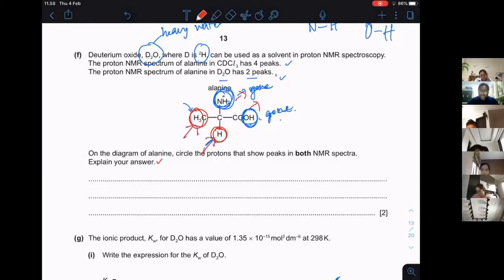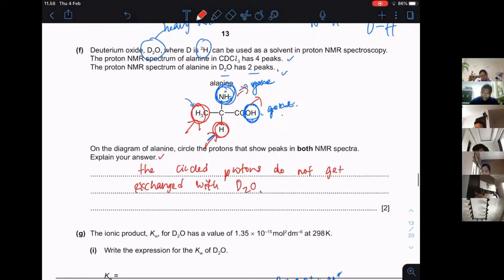You just need to explain that the above 2 protons, the circled protons, do not get exchanged with D2O. Okay, that will be the answer.